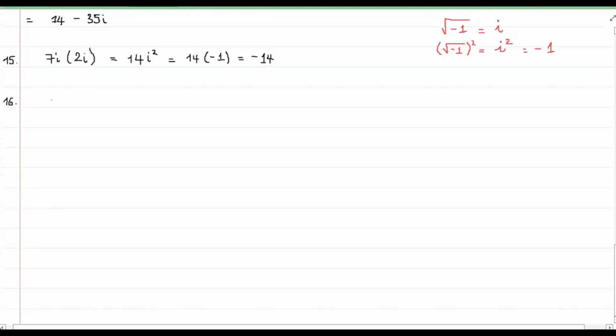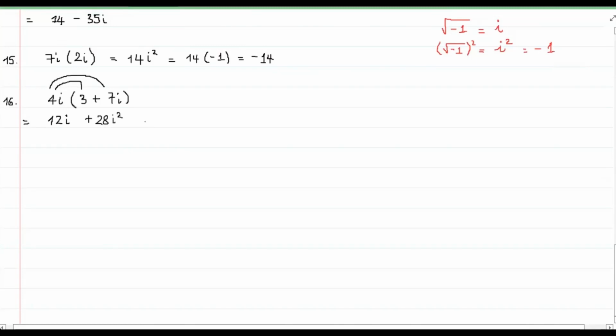Number 16, we have 4i times 3 plus 7i. Okay, now we distribute. So 4i times 3, 4 times 3 is 12i. Now 4i times 7i, so 4 times 7, positive 28. i times i is i squared.